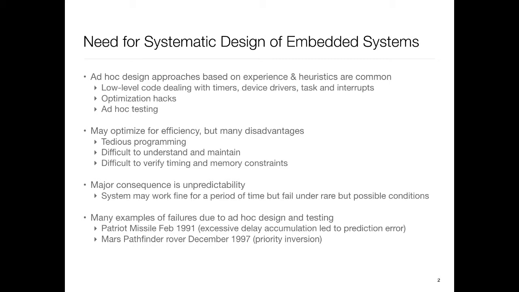A big constraint, or big confounder, on these systems also is unpredictability or uncertainty. Your predictions from a model are only as good as the model that you have, and a lot of things about embedded systems we can't fully anticipate a priori, or if we can anticipate, it would be a very conservative system design.